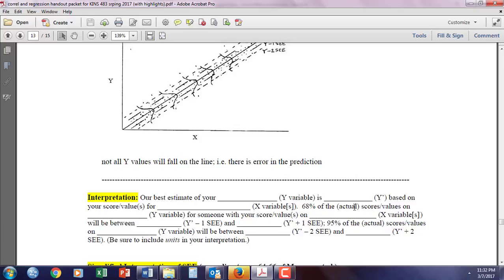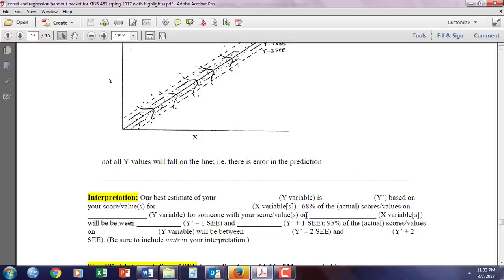68% of the actual scores on VO2 max for someone with your score on the 1.5 mile run will be between, now I take my prediction, which was 50, and I subtract 1 standard error of the estimate. Let's, for purposes of this example, say that the standard error of the estimate was 5 mils per kg. We predicted 50, okay?